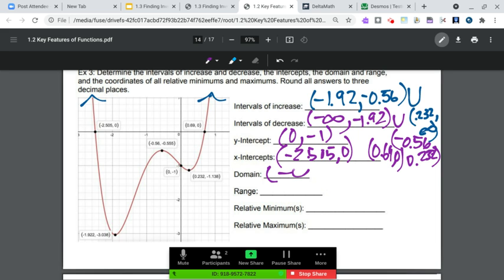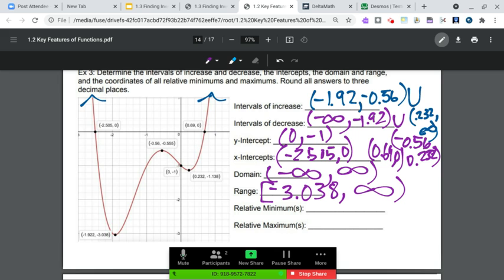Negative infinity to positive infinity. You got it. Awesome. Okay, range, bottom to top. What's your lowest y value that this graph hits? Negative 3.038. And where is it going up to? Positive infinity. You got it.